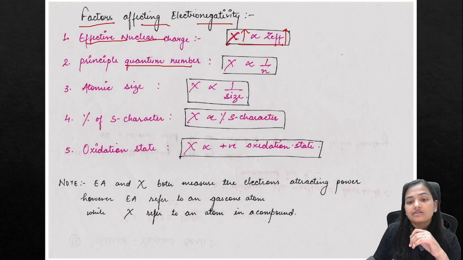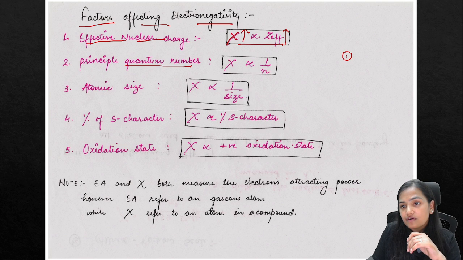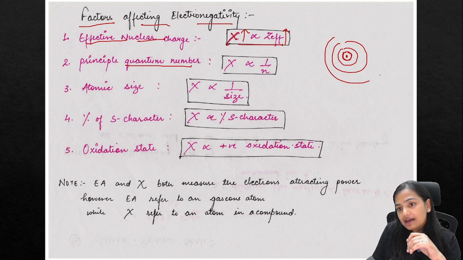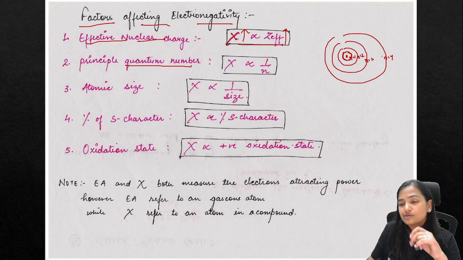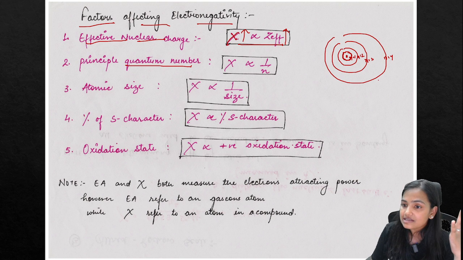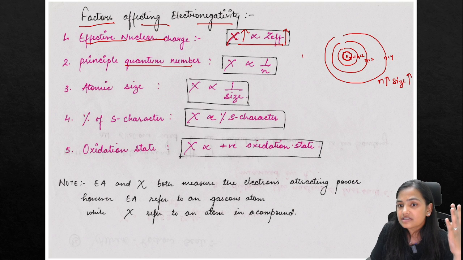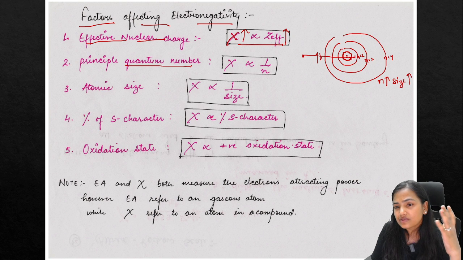Principal quantum number. We know that, this is my nucleus, these are the number of shells. So as the n value increases, n equals 1, 2, 3, 4, the size increases. If the size increases, let's say this is the shared pair of electrons, will it be able to pull the shared pair of electrons towards itself?